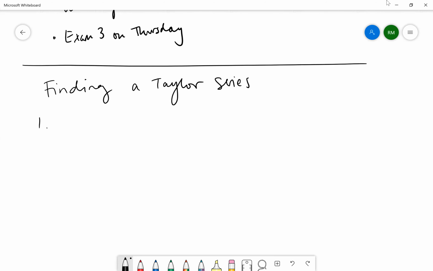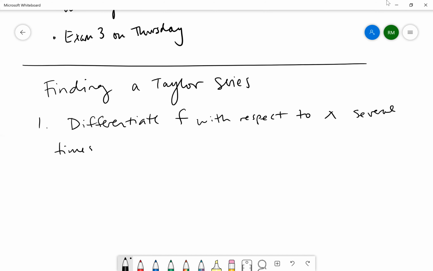The first thing you want to do when you're finding a Taylor series is to differentiate f with respect to x several times, and evaluate at c. So take a bunch of derivatives and then plug c into these derivatives. And what you want to do next is recognize a pattern.